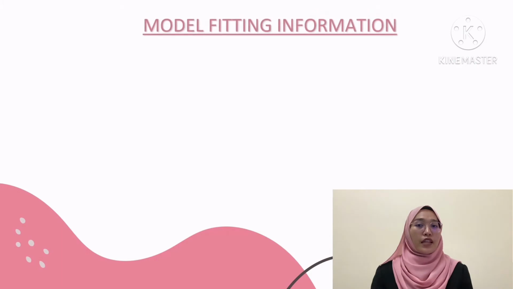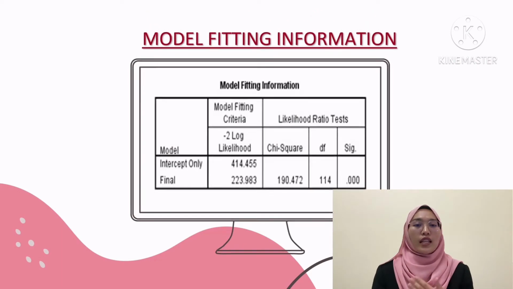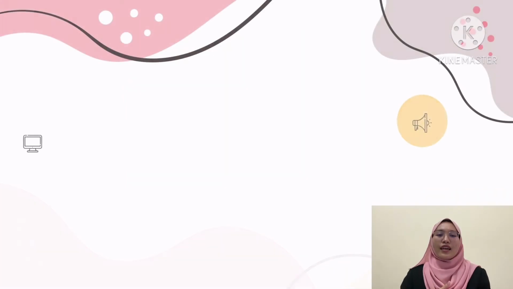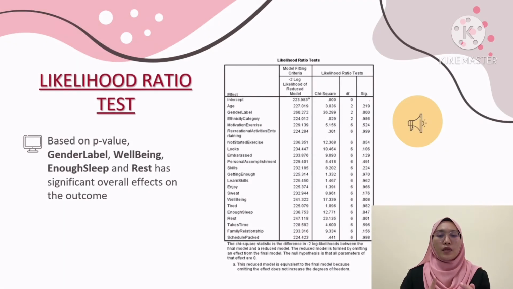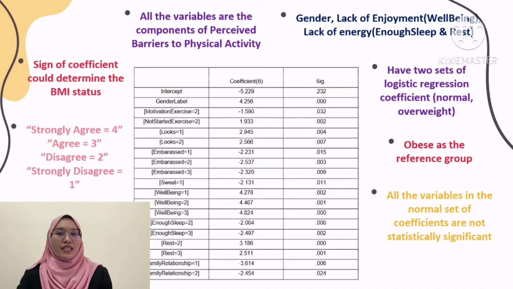Based on the p-value from the significant column being less than 0.05, we can conclude that the model is significant. There are 4 variables that significantly predict the dependent variable, which are gender, level of well-being, enough sleep, and rest, based on the likelihood ratio test table. So let us take a look at the parameter estimates table.